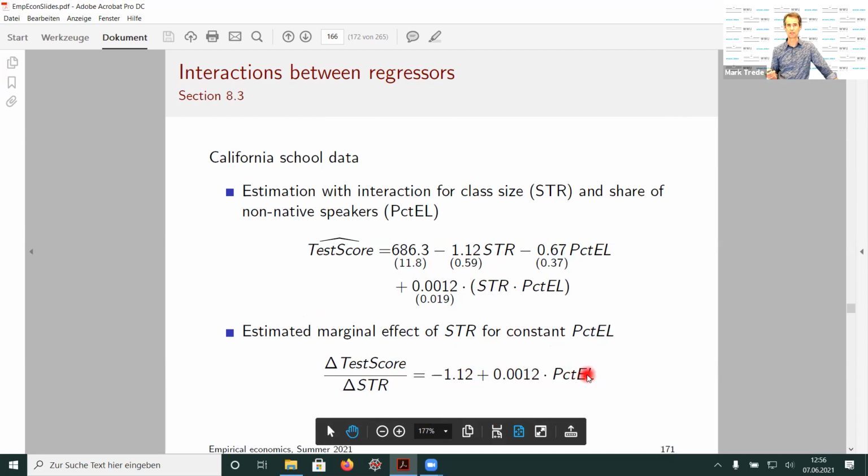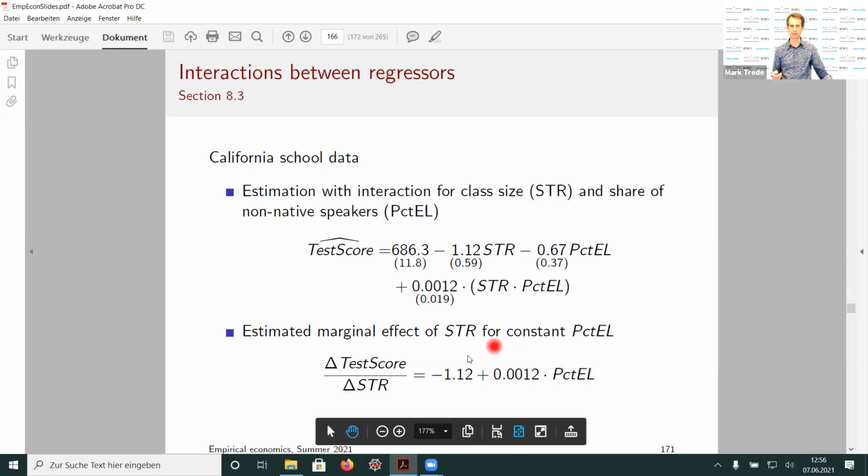If the percentage of English learners is 100, then we would get 0.12 here, not 0.0012. So it would be 0.1. And then this term here would be higher. So the effect would be smaller. While if the percentage of English learners is 0, then the marginal effect would in fact be minus 1.12.